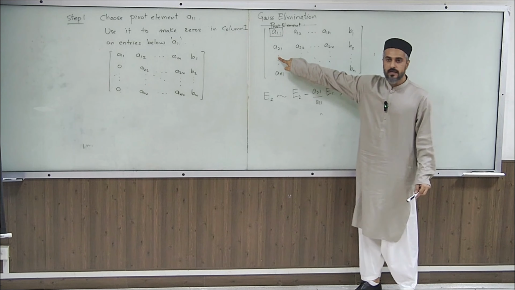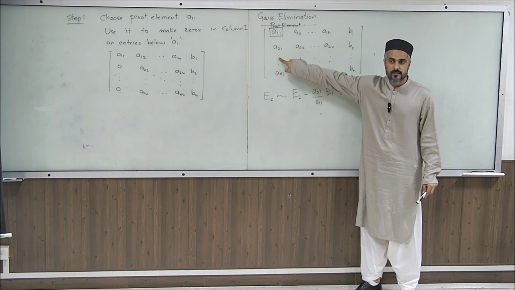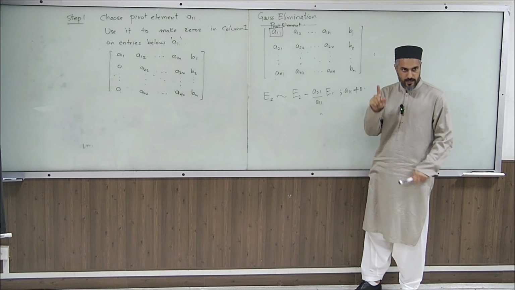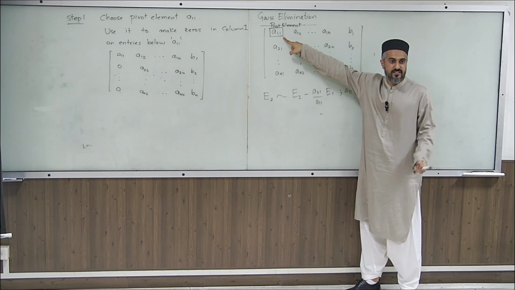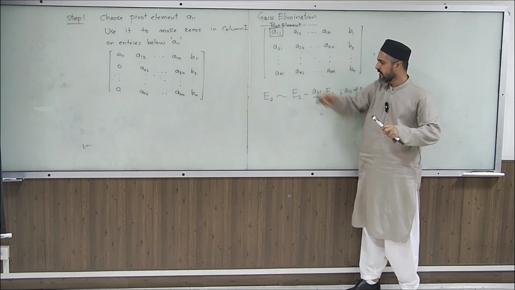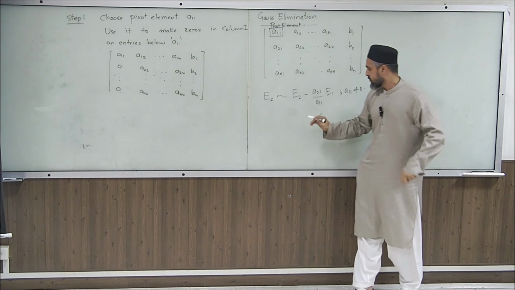There is a number A31 in the third row, and we have to make that 0 using the same pivot element, using the same equation 1. So the changes are going to occur at equation number 3, and this will be E3 minus A31/A11 E1.